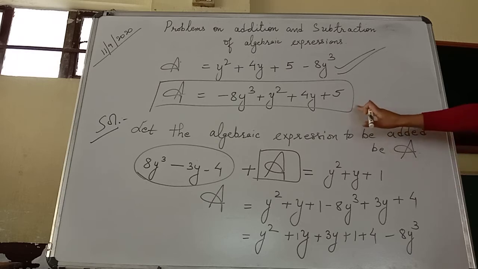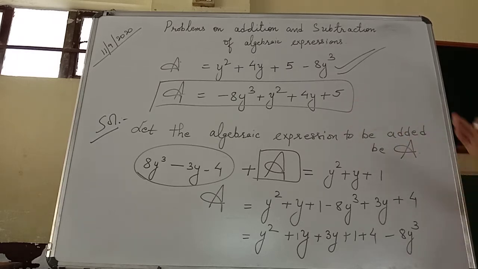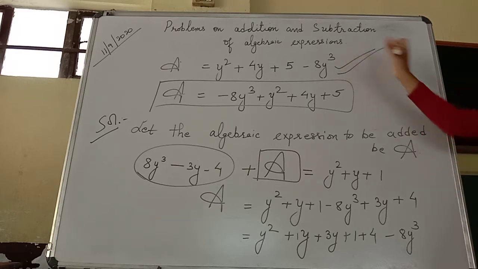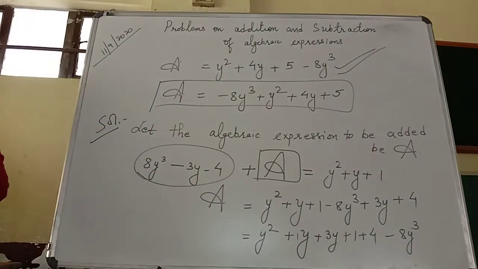But if you express it in the standard form, then the person who is looking at your answer will get to know that you have the knowledge about the subject. So that is why we emphasize writing it in a standard form. This tells us how good your knowledge is in algebra. So this is how you do question number 8.